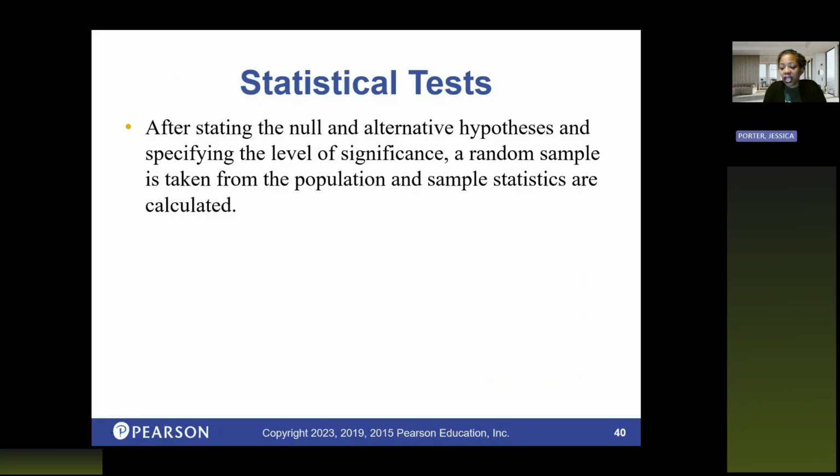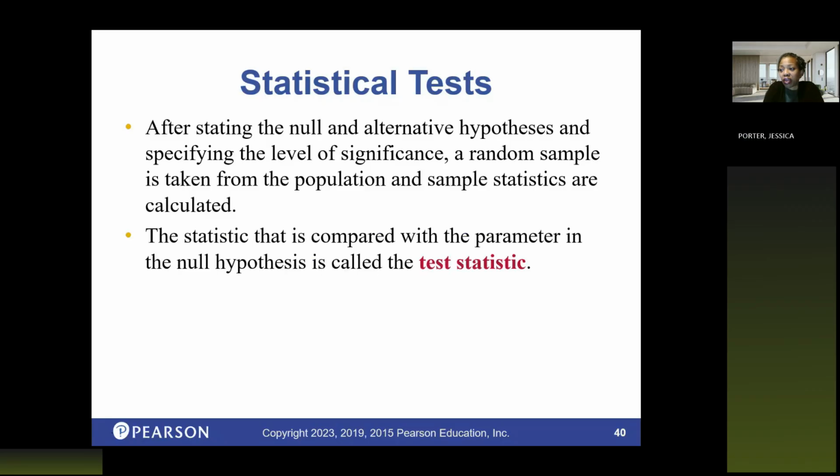All right, let's run some statistical tests. After stating the null and alternative hypotheses and specifying the level of significance, a random sample is taken from the population and sample statistics are calculated. The statistic that is compared with the parameter and the null hypothesis is called the test statistic. And all of this is going to make sense when we put some numbers and values to it.